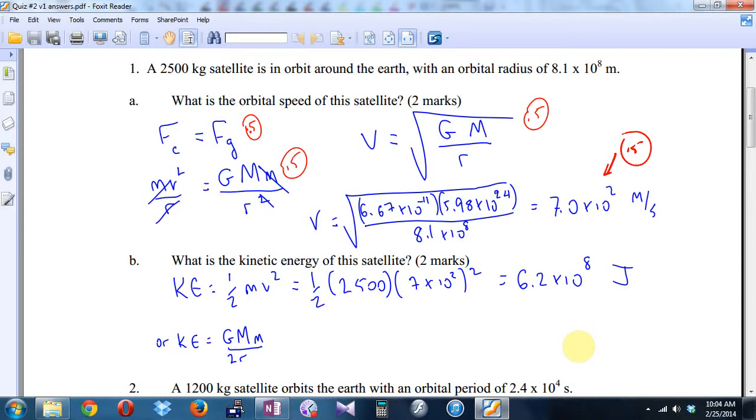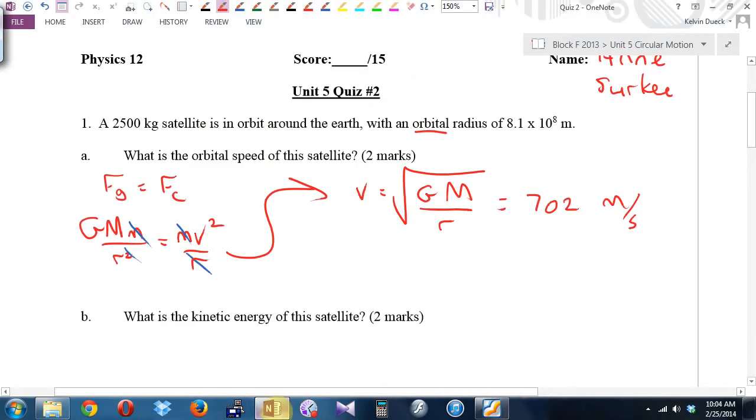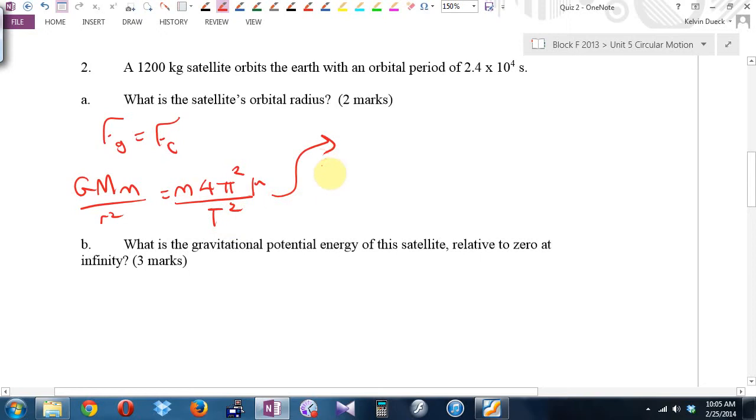Okay. Number 2, a satellite orbits the Earth with an orbital period of that. What's the satellite's orbital radius? I'm still going to start out going gravity equals centripetal, big G, big M, little m over r squared equals m, but I'm going to use the one that has the period in it, 4 pi squared r over T squared. And in this case, the r does not cancel.